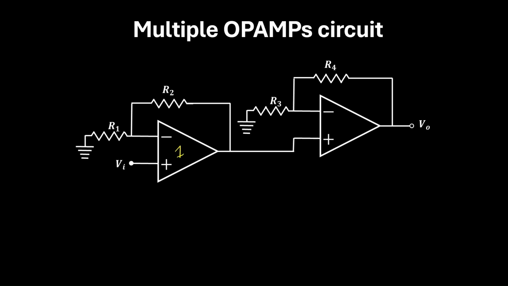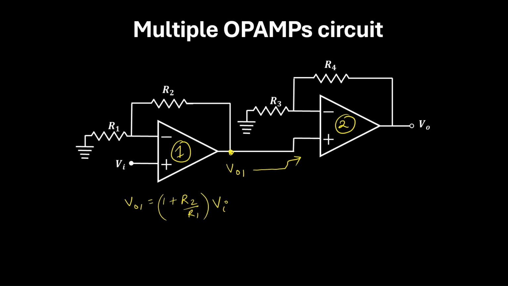So I'll call this OPAMP 1 and this one OPAMP 2. Here the output obtained, let me call it V01, and the same V01 is given as an input to OPAMP 2. If we focus on OPAMP 1, V01 will be equal to 1 plus R2 by R1 into Vi. Now this V01 is fed as an input to OPAMP 2.